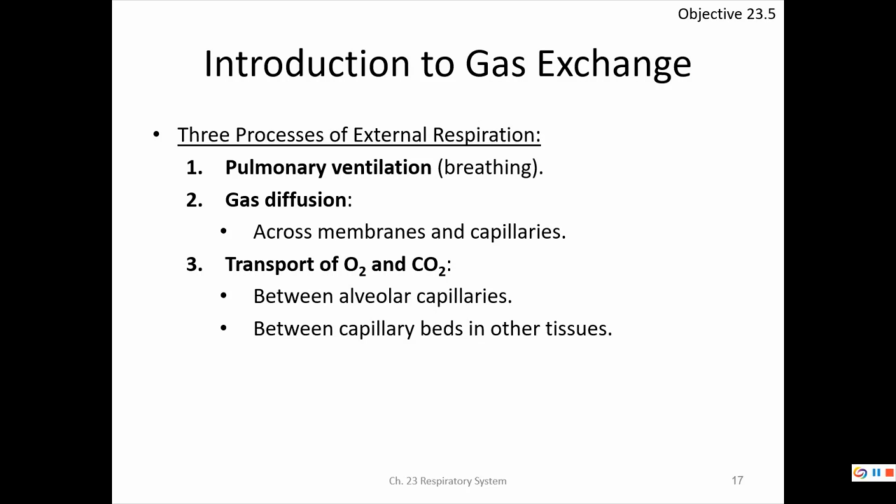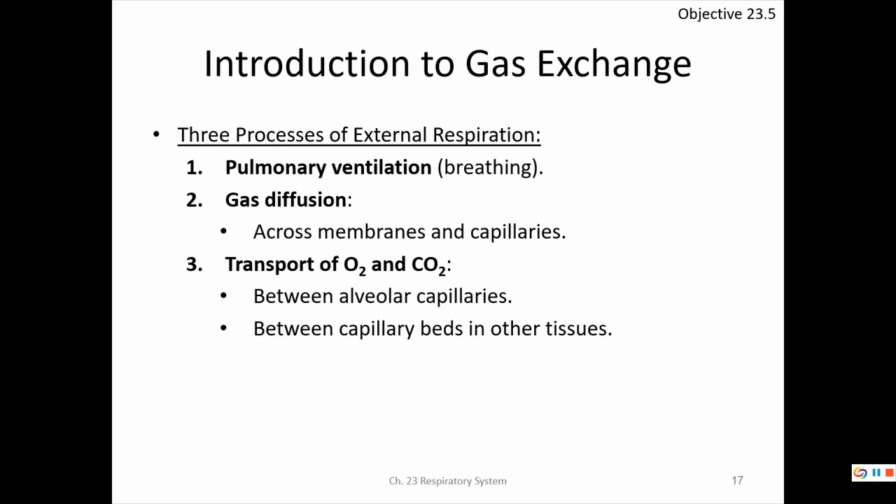We have that diffusion, but we have to get the blood from the tissues to the lungs and the lungs to the tissues. We have to get that blood there. The oxygen that's in that blood, we have to transport gases. So you got to breathe, you got to diffuse gases, and we've got to transport those gases through the blood and transport it from the alveolar capillaries to the tissues and back from the tissues to the alveolar capillaries. We have to be able to move the gases through the blood.